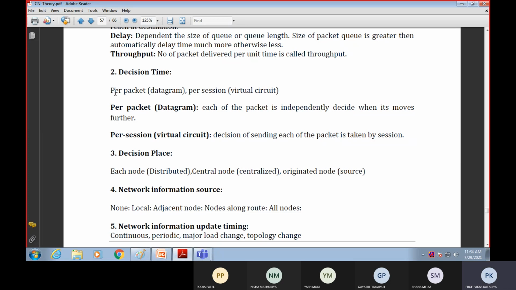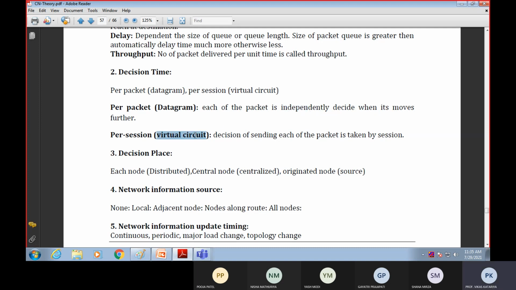So it is per packet datagram or per session, you can say virtual circuit. Per packet datagram means the packet decides what the path should be from source to destination. Each packet independently decides how it moves further. It means if you are using the per packet approach or datagram approach, each and every packet independently takes a decision on how it moves further. So the packet is taking the decision for the next leg.